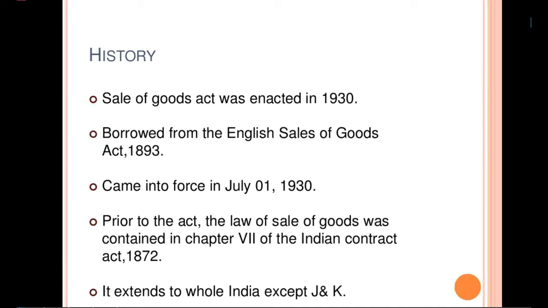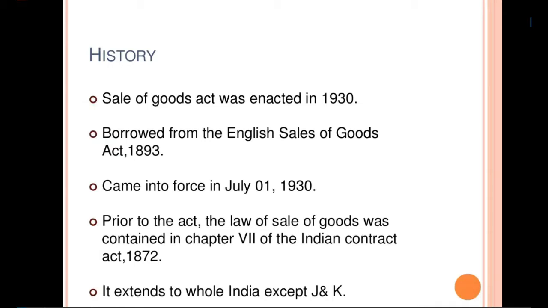So let's start with the history. The history says the Sales of Goods Act was enacted in 1930. This act is borrowed from the English Sale of Goods Act 1893. In India, it came into force on July 1, 1930. That's why this act is called the Sale of Goods Act 1930.